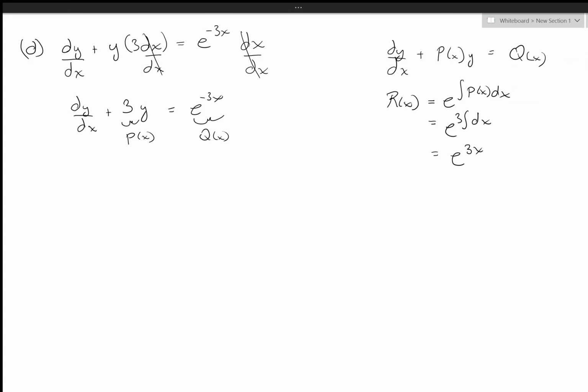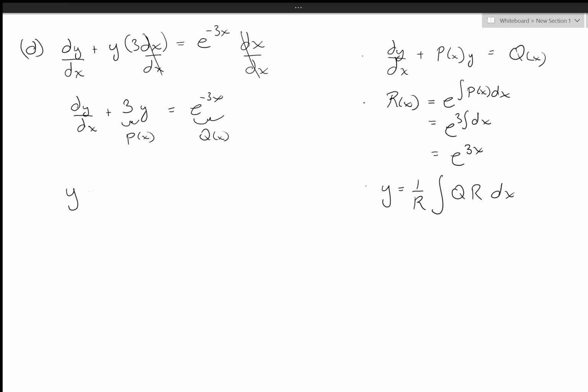Okay, so now that we've got the form, we've found the integrating factor r of x using p of x, and now we can find the exact solution. So y is equal to 1 over r times the integral of q r dx. So let's sub it in.